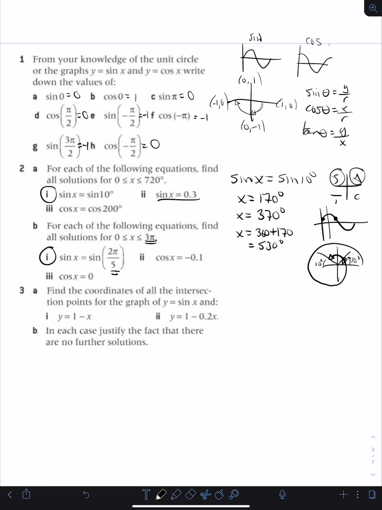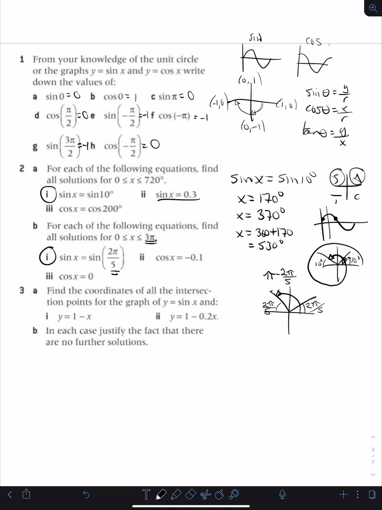So for example, if I was working that one out, I would say the same kind of deal. It's sine again, so here and here are the same. So the first one is 2 pi over 5. So what would this angle be? It would be pi minus 2 pi over 5, which is equal to 3 pi over 5.